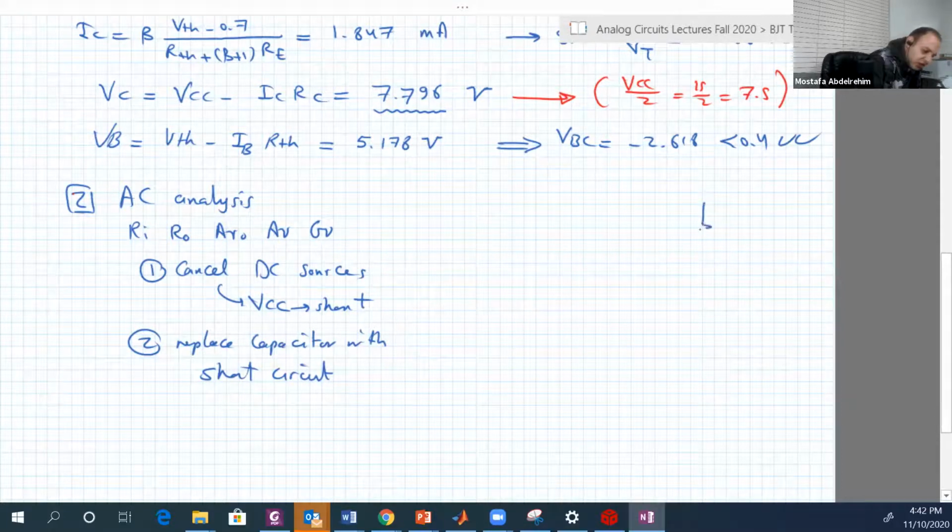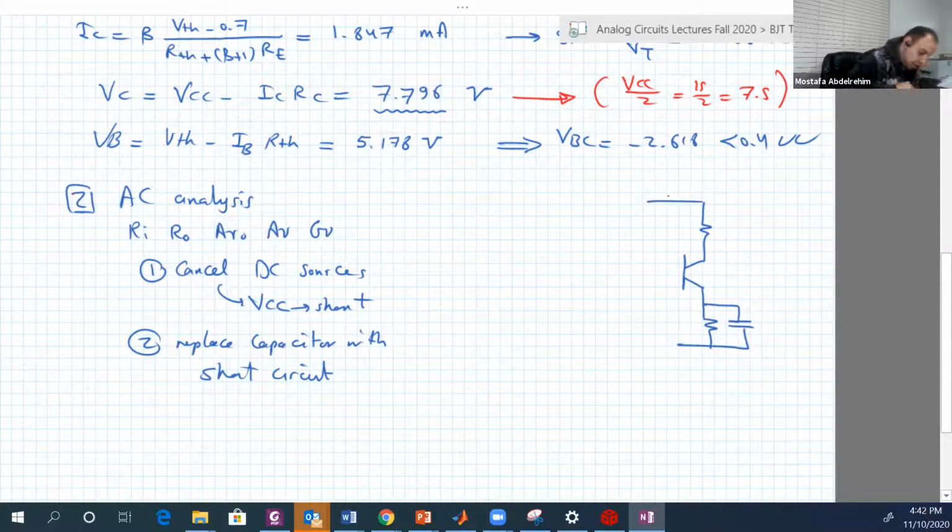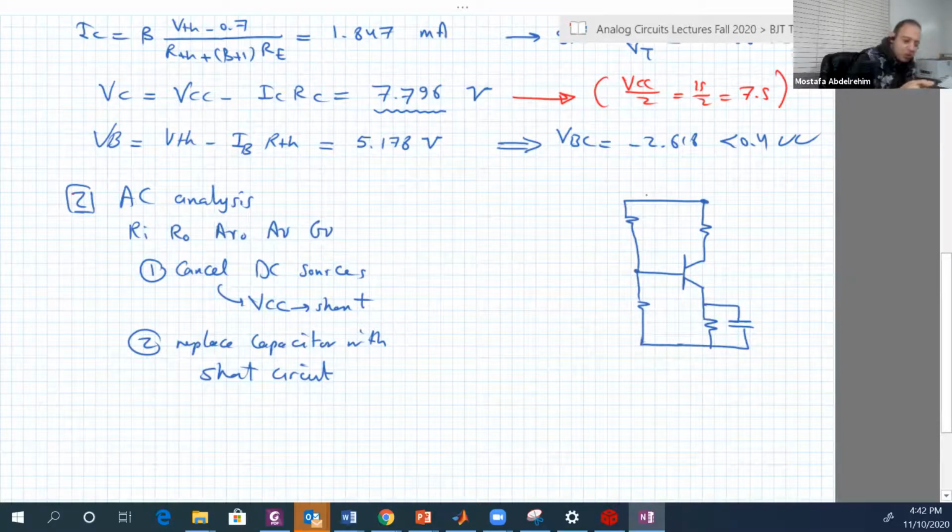So let's draw the circuit. You can use, let's use the original circuit. That's fine. You can use the Thevenin equivalent as well, but that's fine. Let's draw the original circuit.